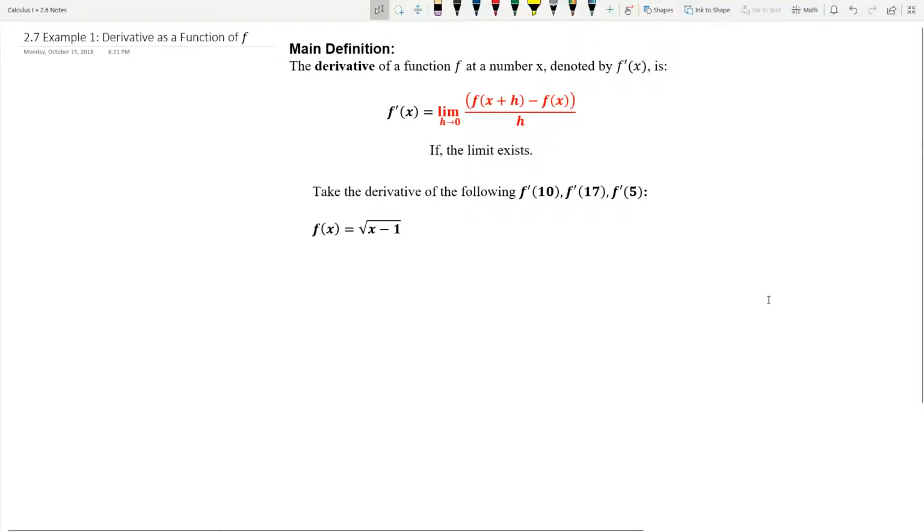So in 2.7, the primary objective here is to show you a way to efficiently walk through the derivative of a function so that we do not have to continually find or solve for each individual value of observation.